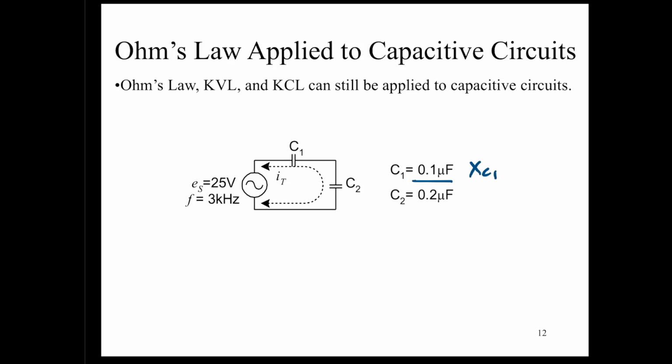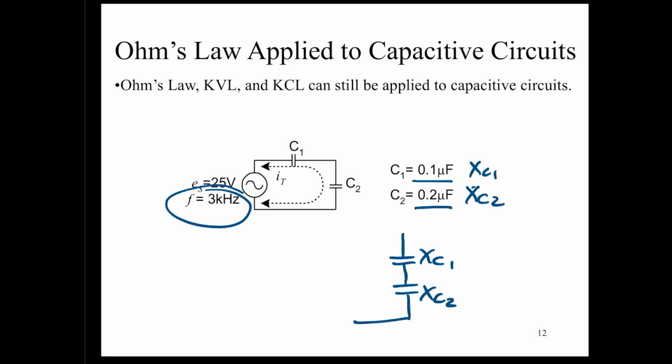If you look at the second capacitor, you would have an XC2 value calculated from that value, and of course the frequency of 3 kilohertz. If we're to look at the impedance that results from this connection, because they're in series, then you would simply have an XC1 value in series with an XC2 value and connected to an AC source.